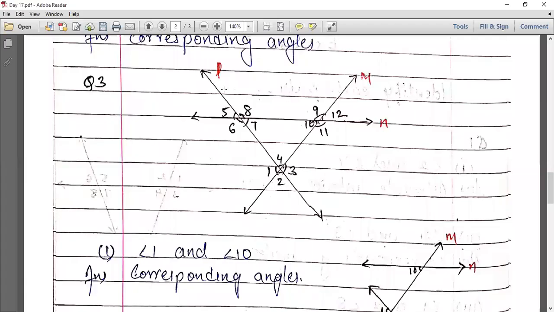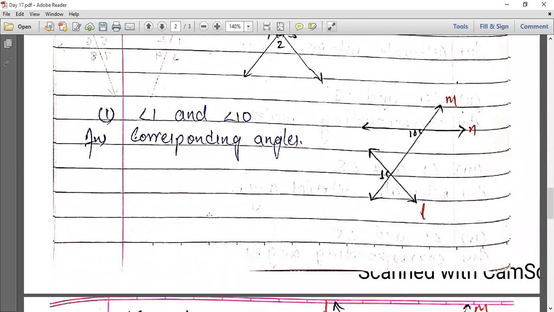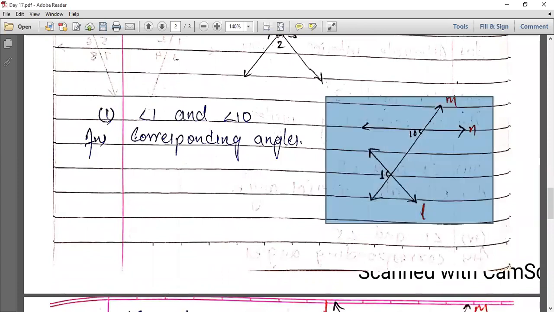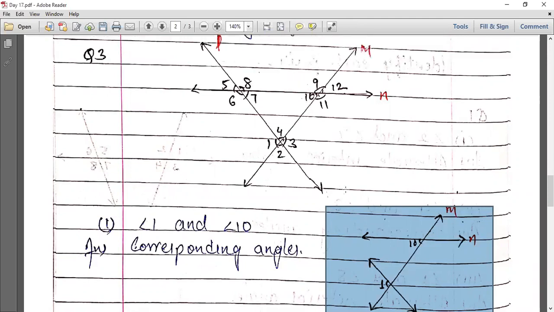For simplification, I have named the lines L, M and N. Taking the angles one by one, angle 1 and angle 10. You can see in the main figure, angle 1 and angle 10 are given. So lines L and N are intersected by a transversal M.